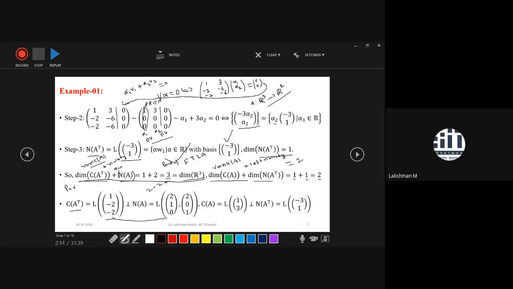That means 2 minus 2. You are getting the dot product of the basis element of the row space of A with the first basis element of the null space of A as 0. Similarly, the dot product of the basis element of the row space with the second basis element of the null space is again 0. That's why you can simply say that the row space of A is perpendicular to the null space of A. So this makes part two of the fundamental theorem of linear algebra.